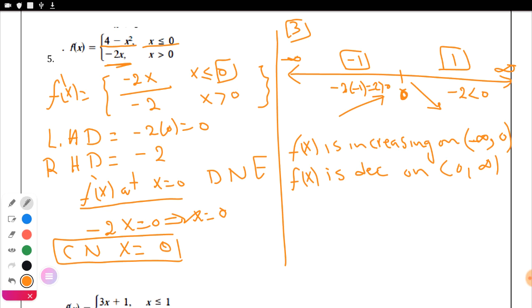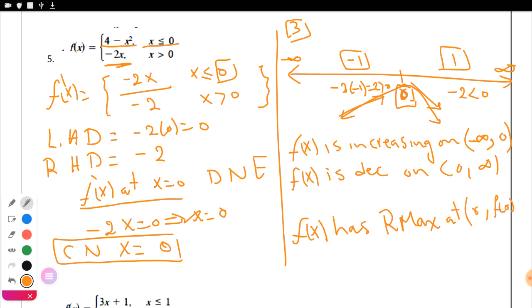But at this critical number, which kind of extrema do we have? Since at the critical number the behavior of the function changes from increasing to decreasing, I have a relative maximum. Here f(x) has a relative maximum at the coordinate of 0 and f(0).